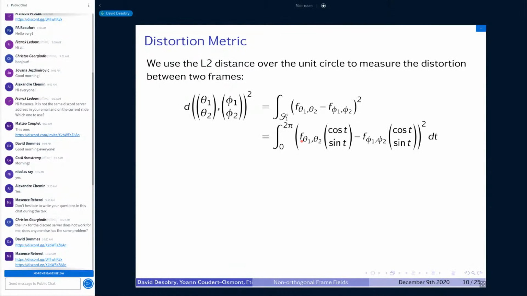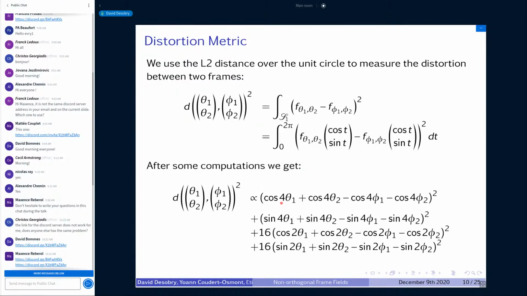And now, as in the orthogonal case, to measure the distortion between 2 frames, this time one oriented by theta 1, theta 2, the other by phi 1, phi 2, we do the L2 distance of their representative functions over the unit circle. And after some computations, we get these expressions.